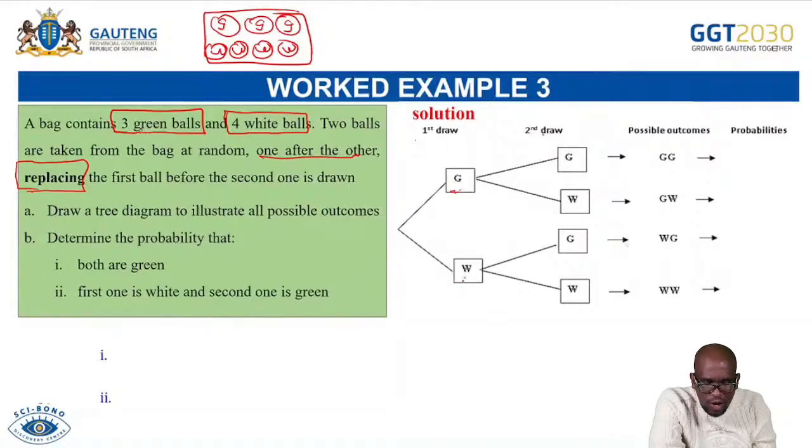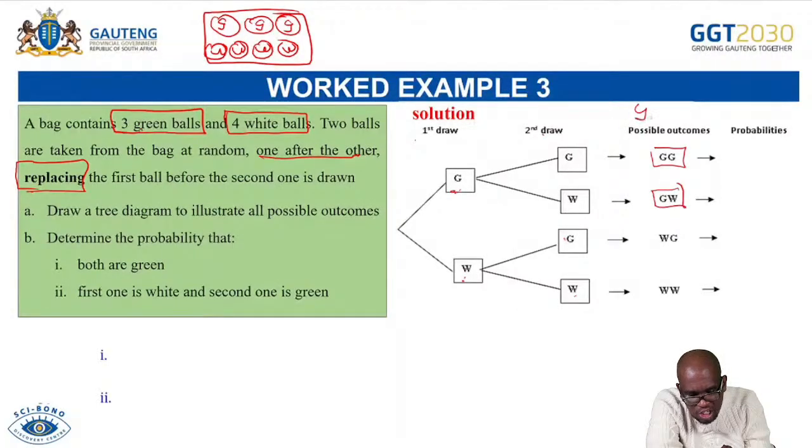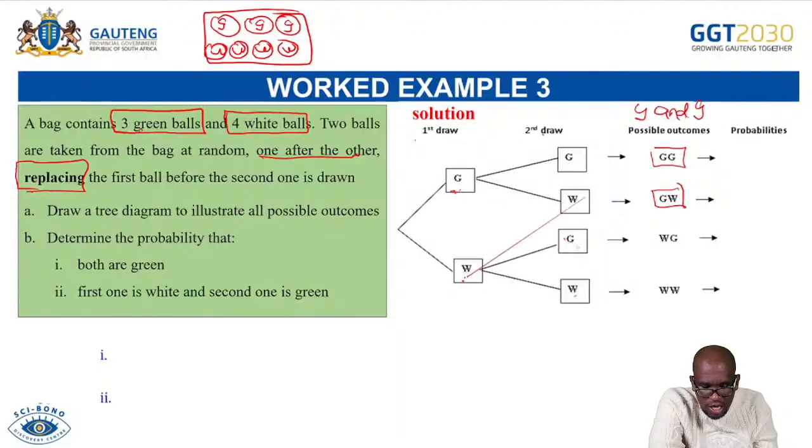If the first one was white, the second one may be green or white. So if you move along the branches, you can get the possible outcomes as GG, GW. This means G and G, all right? And then GW means G and W, all right? And then W and G, white and green, all right? White and white, all right?